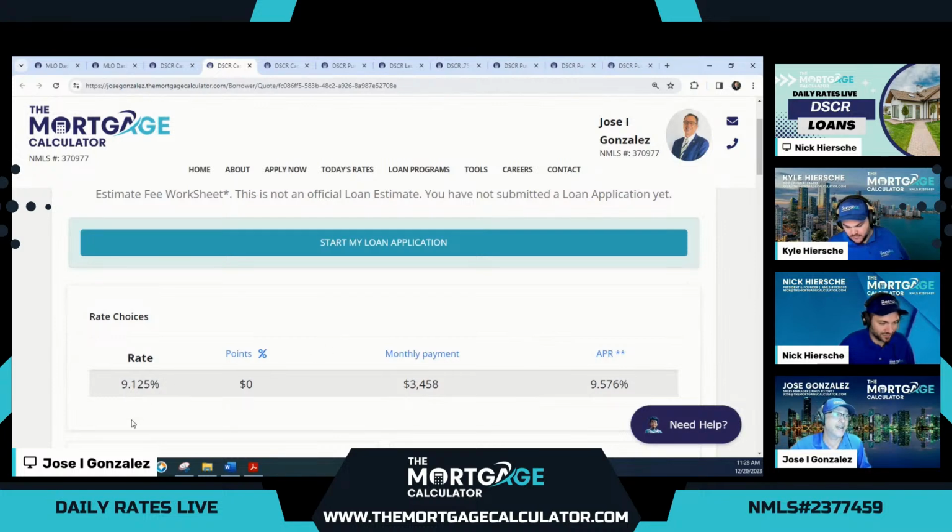So here we're looking at 9.125 at par as far as loan discount. You are able to buy it down if you want to, but I'm giving you the no points option. 9.125, not too shabby for 80% cash out DSCR.